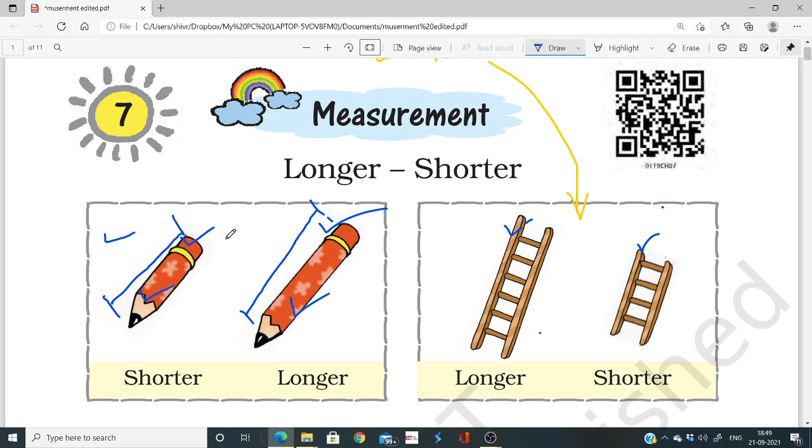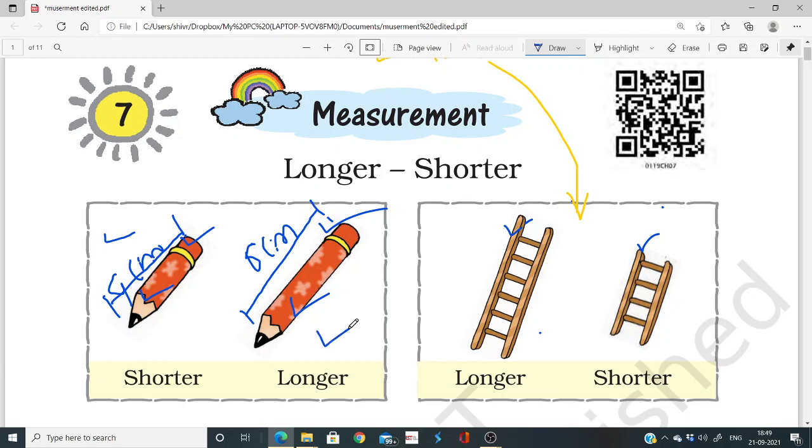then you will understand which is longer and which is shorter. Here you can see, the length of this pencil is 6 centimeter, and the length of this pencil is 4 centimeter. Which is more?